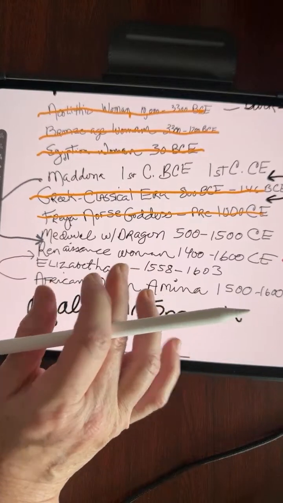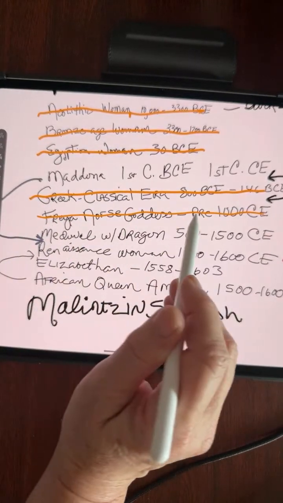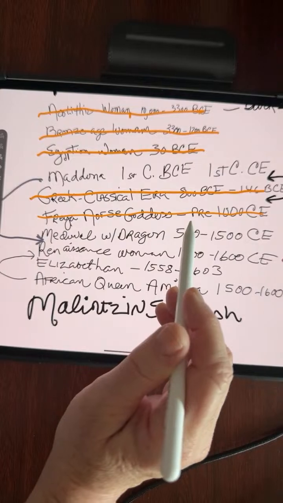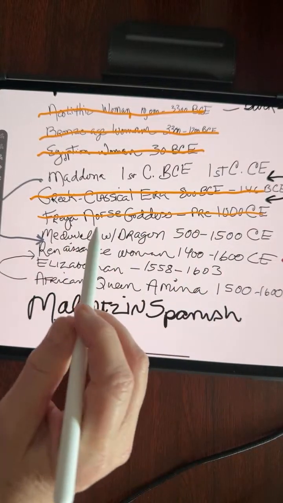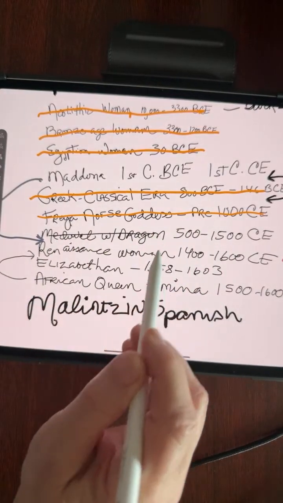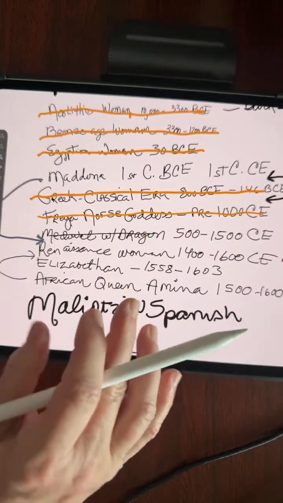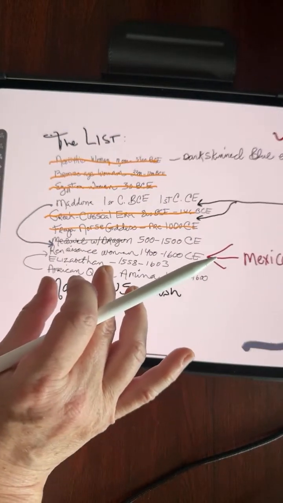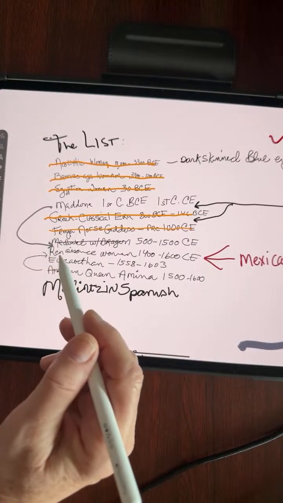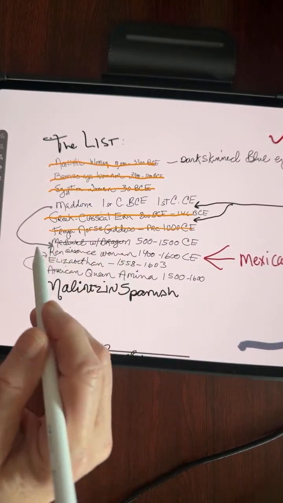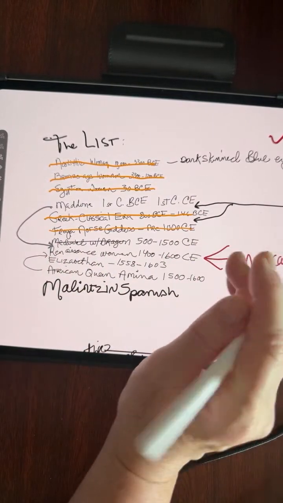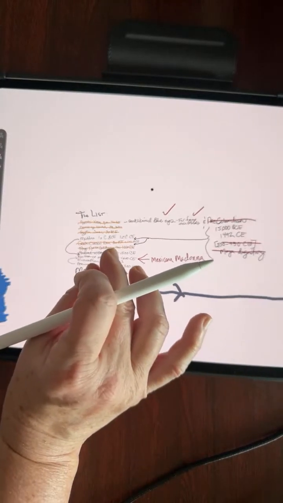Now I've done the Freya Norse goddess with a medieval dragon, and so I might not do that one because I think I've got it there. I might do something else. In fact, what I'm doing is I think I didn't write this down though.